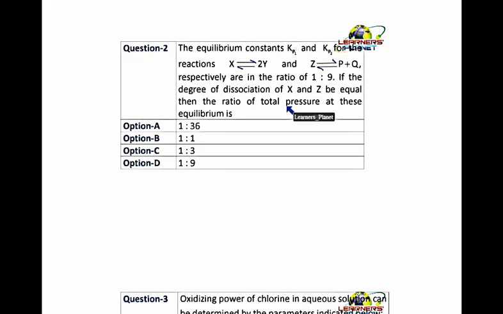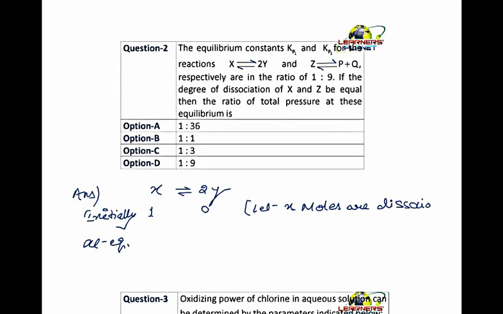Let x moles have been dissociated. This you must be knowing, right? Okay. Now at equilibrium it would be 1 minus x and this would be 2x, right?